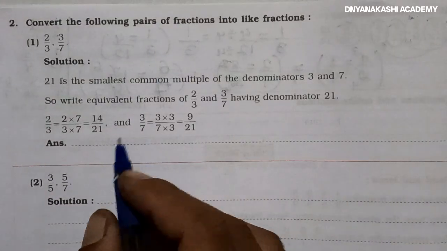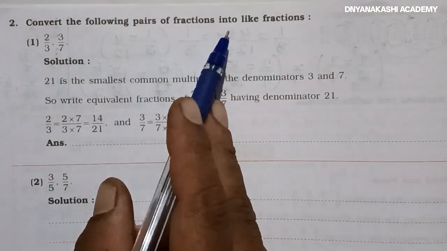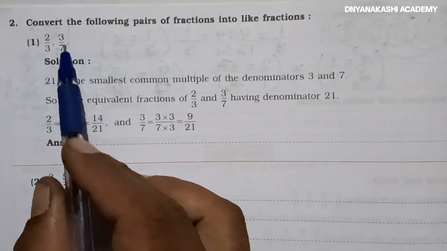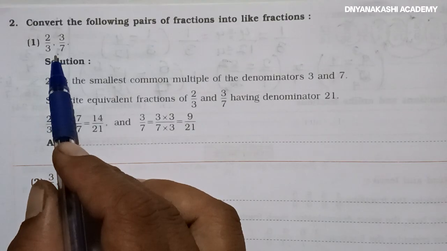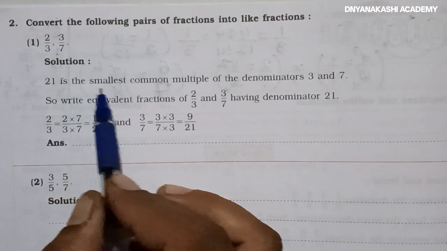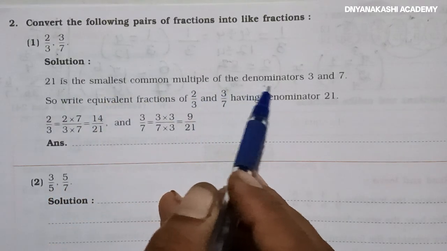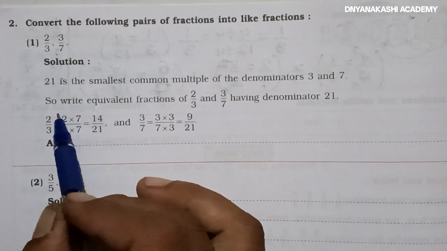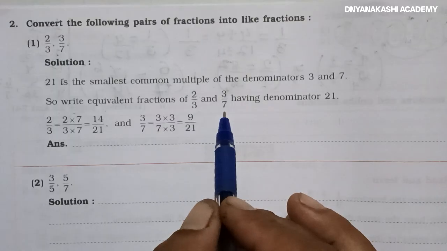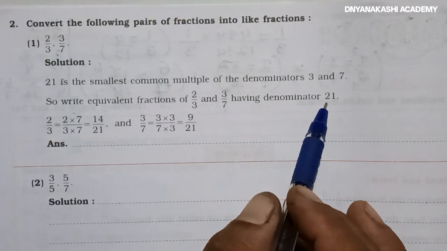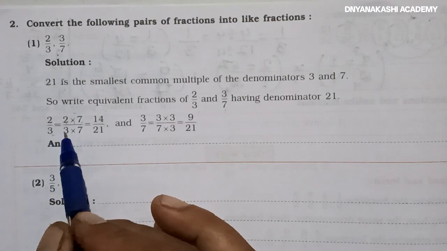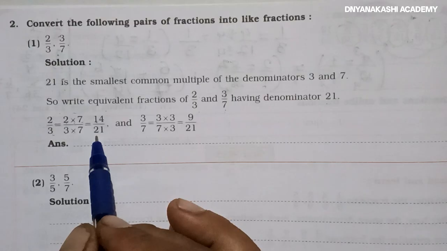And the second question: convert the following pair of fractions into like fractions. Here two fractions are given. These two fractions are unlike fractions, we convert them into like fractions. 21 is the smallest common multiple of the denominators 3 and 7. So write the equivalent fractions of 2 by 3 and 3 by 7 having the denominator 21. 2 by 3 I write like this: 2 into 7, 3 into 7, 14 by 21.